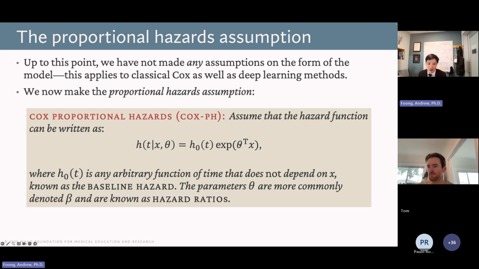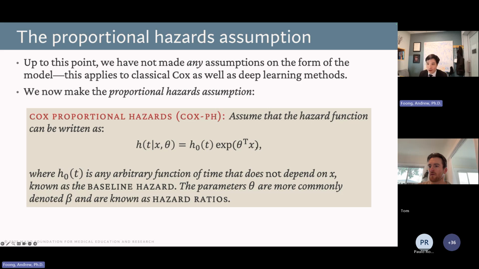The parameters theta are actually more commonly denoted beta. If you use any kind of statistics package, you'll usually refer to this as beta. And these are known as the hazard ratios. And they have a very straightforward interpretation. If theta multiplies some value of x, then that is going to lead to a multiplicative factor in the exponent.